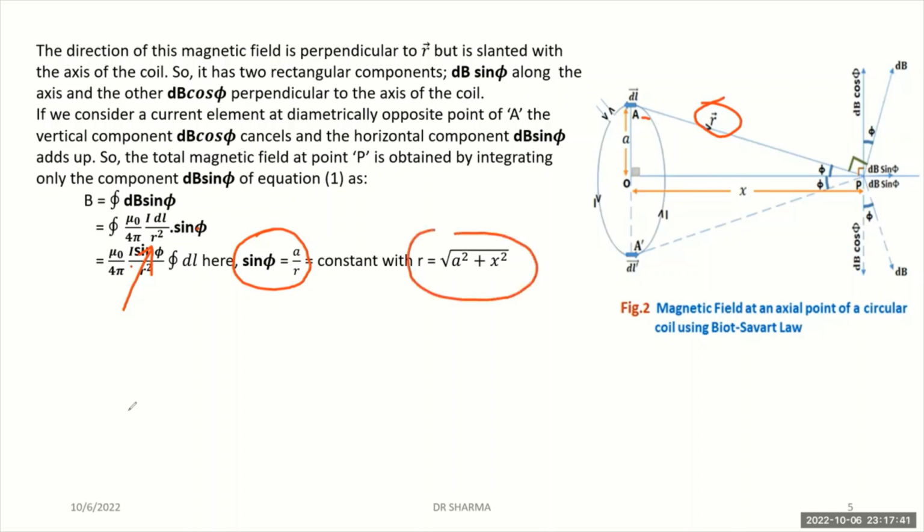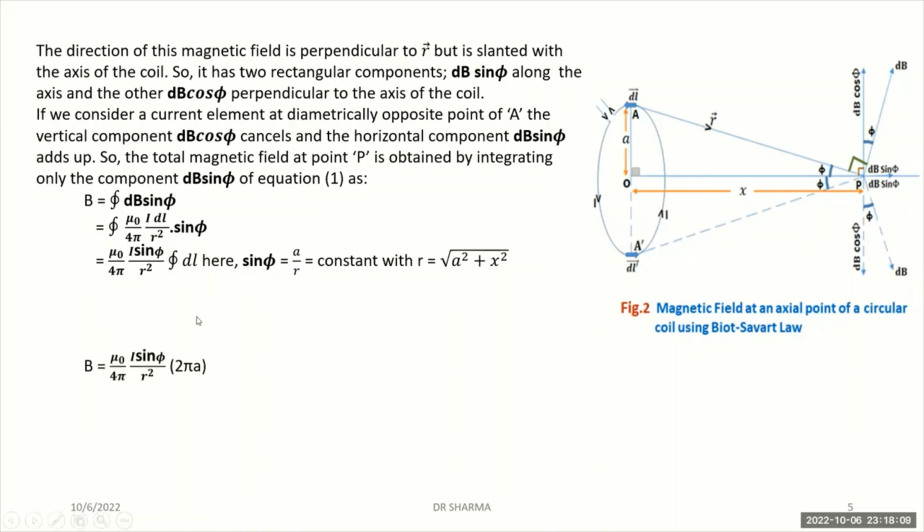And r is just root under a square plus x square by using Pythagoras theorem. So constant terms are taken out of the integration sign. Now integrate only dl. Integration of dl throughout the circumference means the circumference itself, so we replace that integration by 2 pi times radius. The radius here is small a, not r.